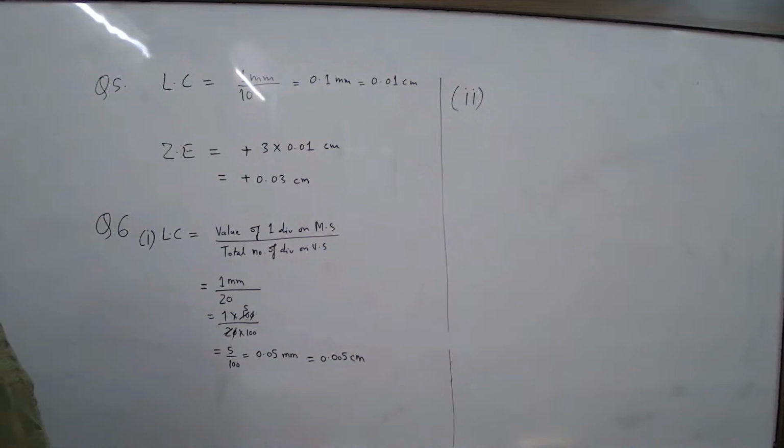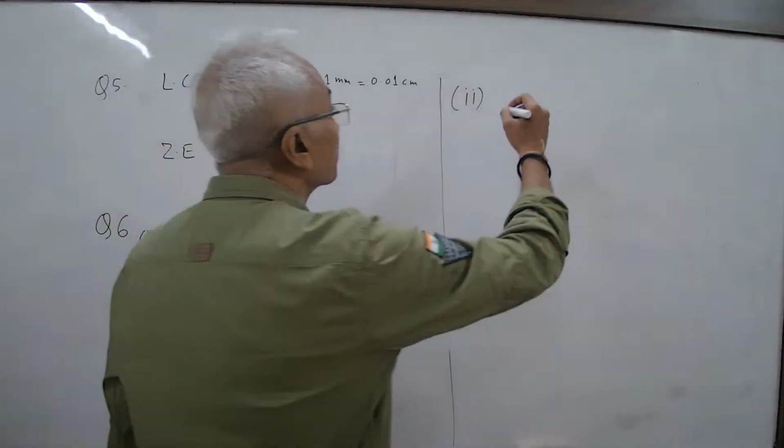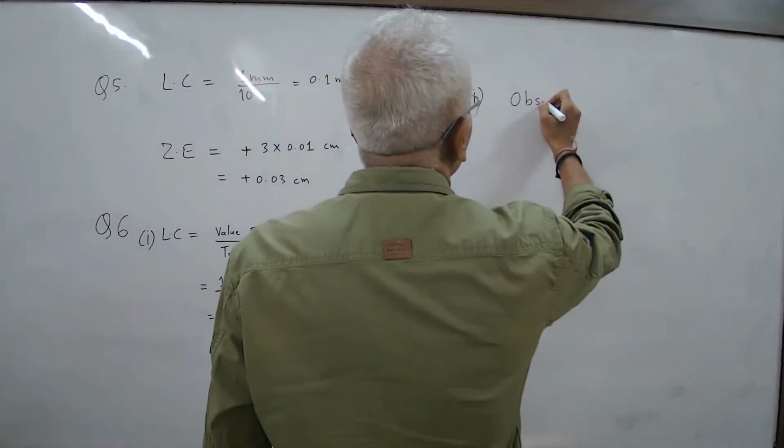Radius. And what is given? In measuring the diameter. So what the vernier calipers is showing? Diameter it is showing. So radius will be half of the diameter. Right? So what is the observed reading? Observed diameter.